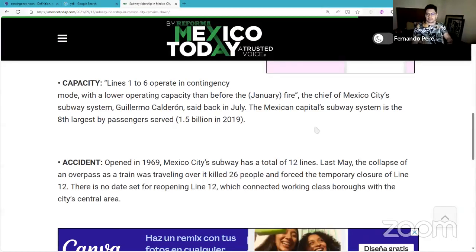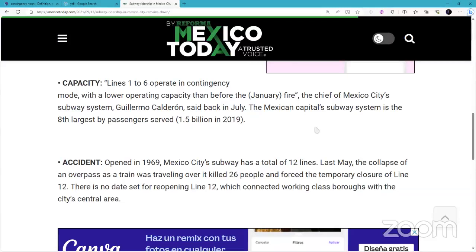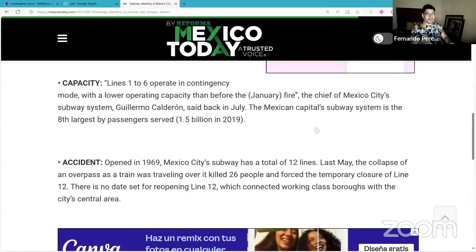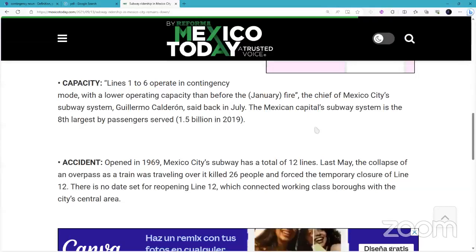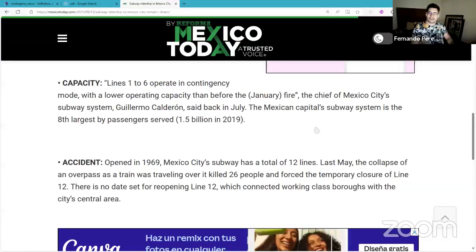The Mexican capital subway system is the eighth largest by what? I repeat. One more time. The Mexican capital subway system is the eighth largest by what?